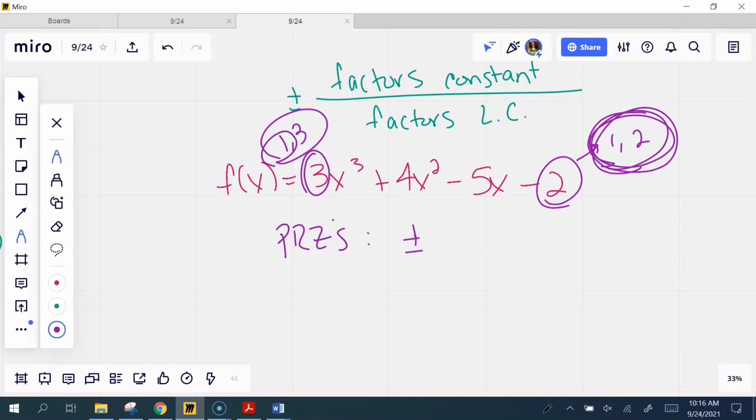So they would just be themselves, right? 1 and 2. Now I'm going to take them all and divide them by 3. 1/3 and 2/3. So these are my possibilities. Does that make sense? You remember doing that?